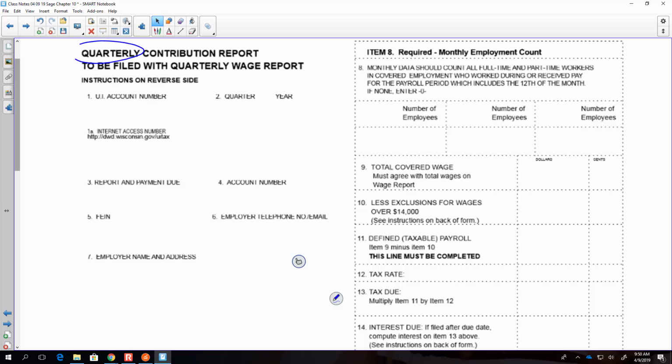And you'll see the word quarterly on the top, right? So it's made for every quarter. There's 4 quarters in a year. And we also have to identify by month in that quarter, the 12th day, don't ask me why 12, but on that 12th day, how many employees did I have?